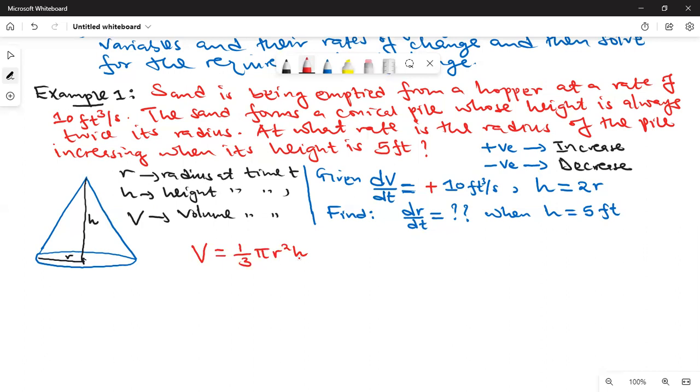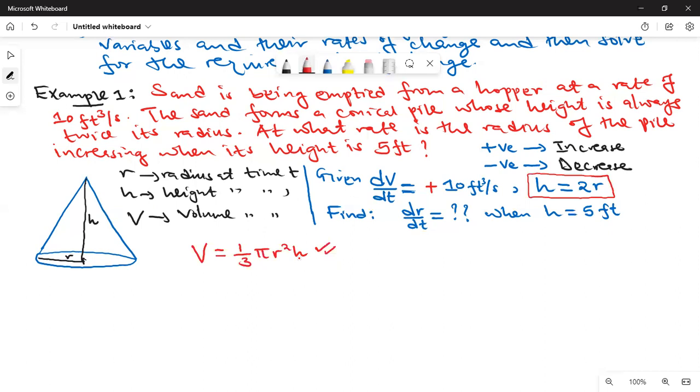But look at what I'm given: dV/dt, and we are given h in terms of r. So you can use this to get rid of one of the variables. In this equation we have three variables, and it is easier to reduce the number of variables to make your work easy.